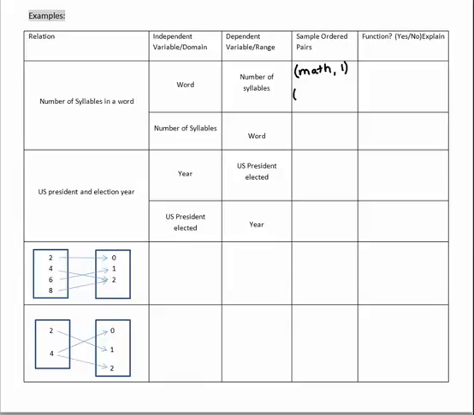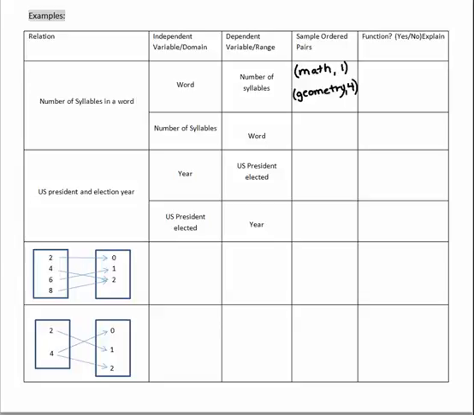I could do an input of geometry, a 4-syllable word, so the output for my ordered pair would be 4.